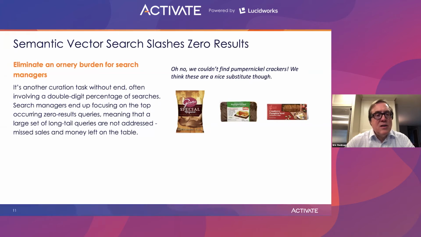And especially thinking about long tail queries that you just never get to because search teams, e-commerce teams will naturally focus on the zero results that occur more frequently. And there's this large pool of long tail queries that are generating zero results, and semantic vector search will address those again without all this curation. And really, the idea is free up the merchandiser, free up the search engineer, free up the e-commerce team to focus on more important targets.